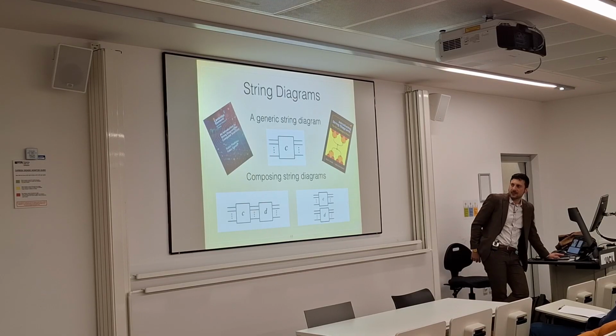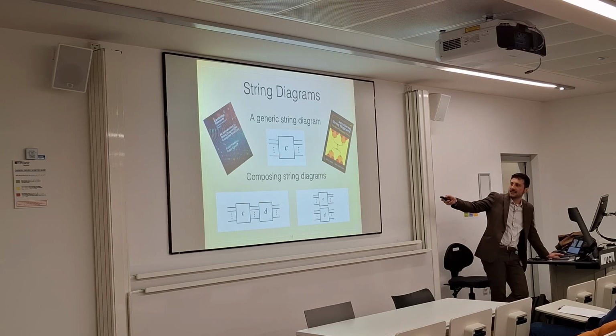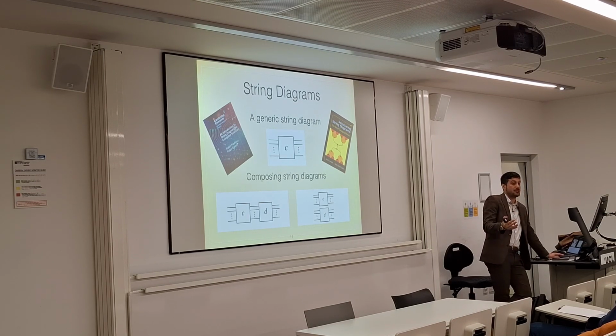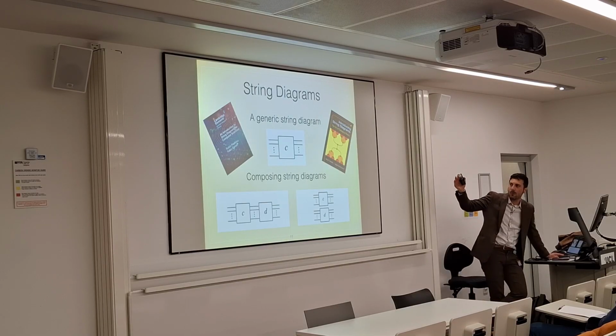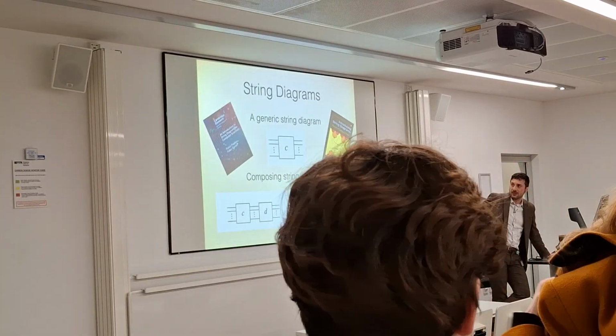Generic string diagrams are a formal language in which your basic entities are these boxes. They depict some kind of process, which we'll have to interpret, and this process has interfaces on the left and on the right, which are these dangling wires here. I put some dots as well, just to say that I'm not telling you exactly how many dangling wires there are, but you can imagine there are 7 wires on the left and 5 wires on the right.